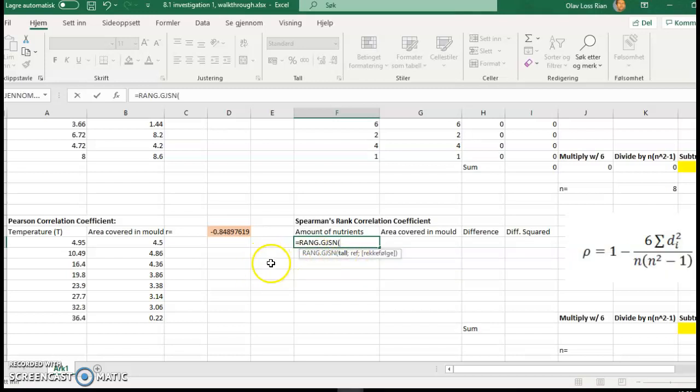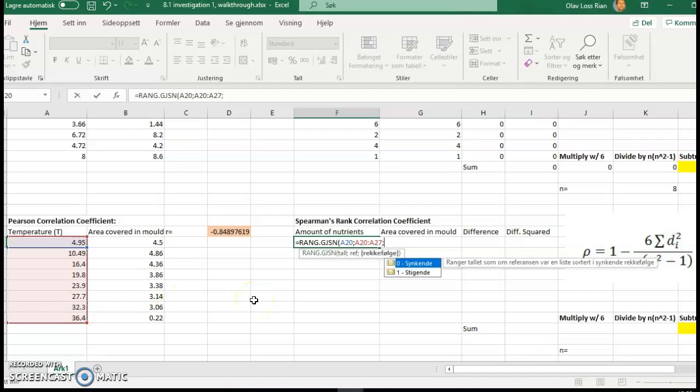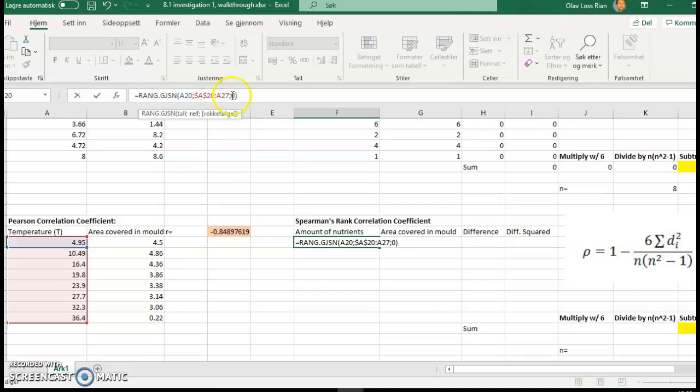And again, the reference area is all these numbers, and we want a descending order. Now, again, we have to adjust up here so that we don't change the reference area.